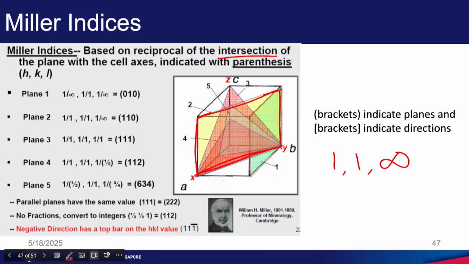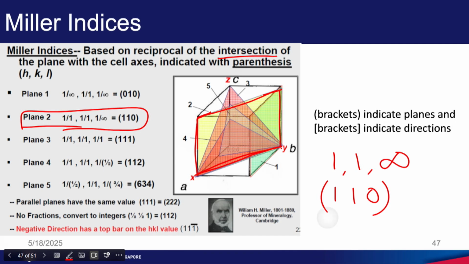Okay. So, the reciprocal of this will be 1, 1, 0. So, this yellow color plane, plane 2, is actually 1, 1, 0. Similarly, you take plane 1: it is meeting x at infinity, it is meeting y at 1, and it is not touching z.